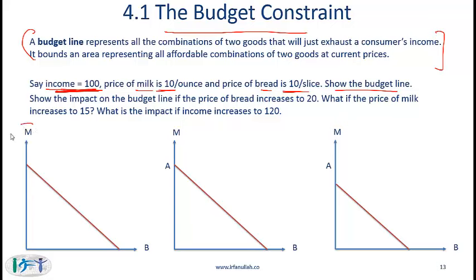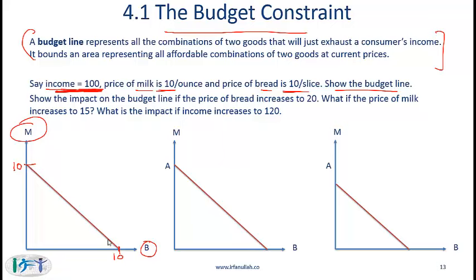Again, we will have milk on the y-axis, bread on the x-axis. If the consumer spends all 100 on milk, then he will get 10 ounces of milk. So 100 over 10 is 10. If the consumer spends all 100 on bread, then he will be able to buy 10 slices of bread.